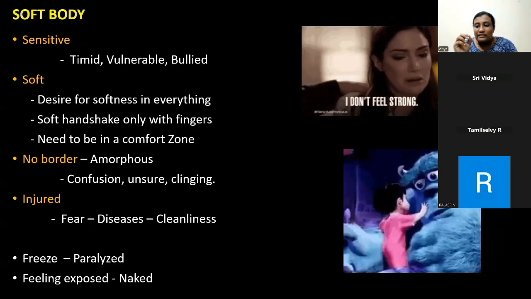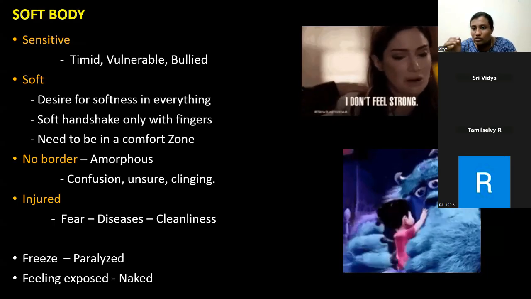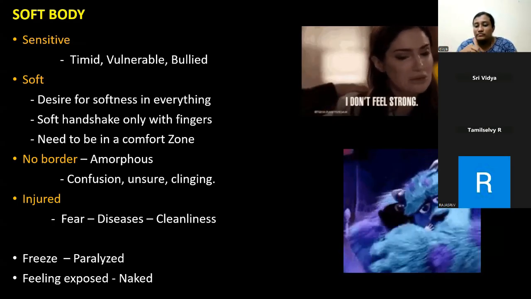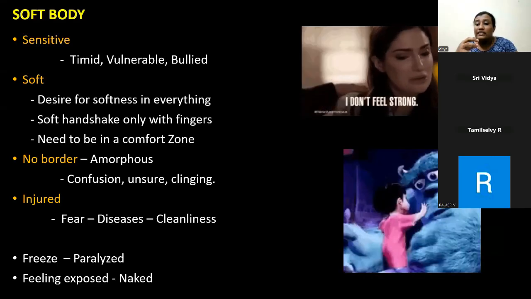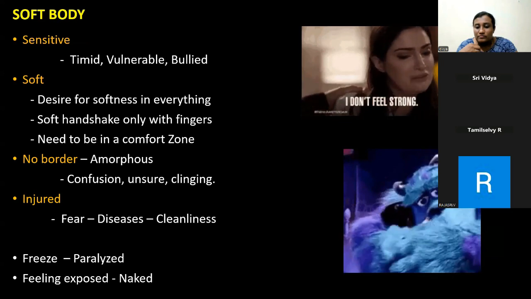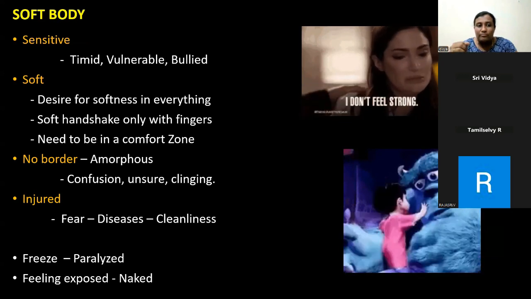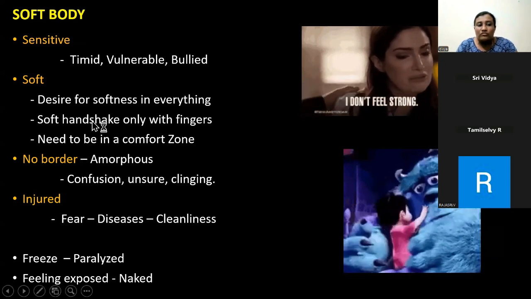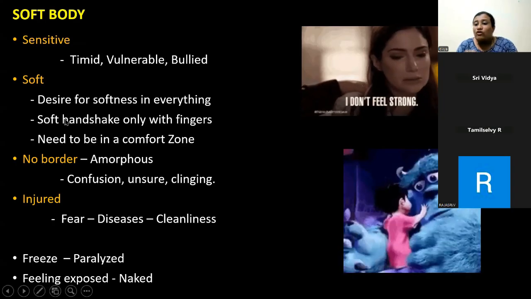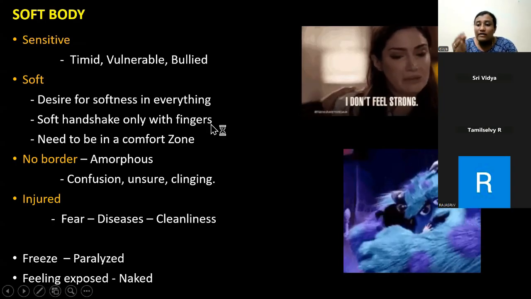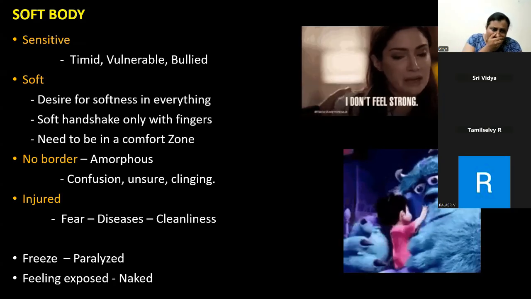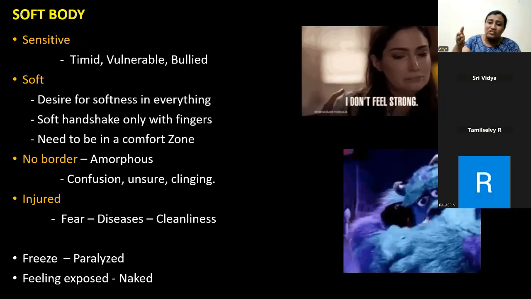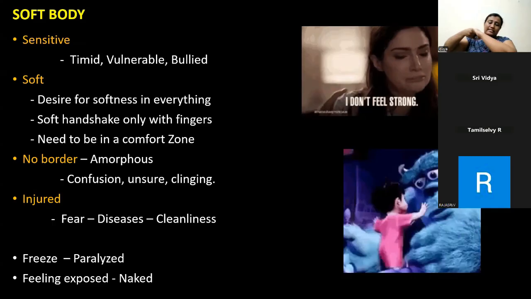If another person tells something small also, they start to cry, because they feel that they are weak from inside. They can't tolerate the comments of other people. Because of this desire for soft things, even while shaking hands, they don't give the full hand.